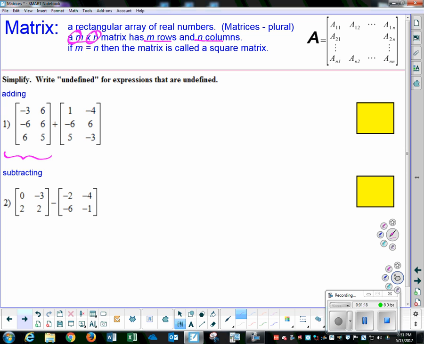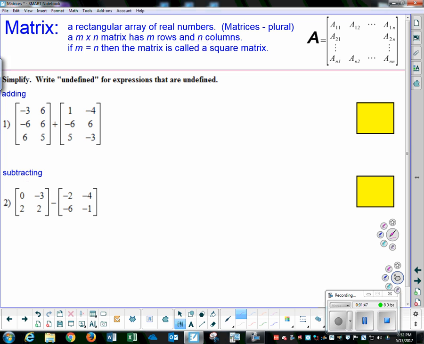This one here has 1, 2, 3 rows and 1, 2 columns, so it would be a 3 by 2 matrix. 3 rows, 2 columns. Oh, if the rows and the columns are equal, we call it a square matrix. And that kind of makes sense, doesn't it?